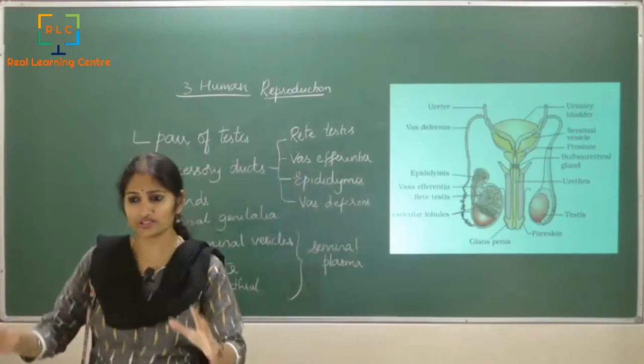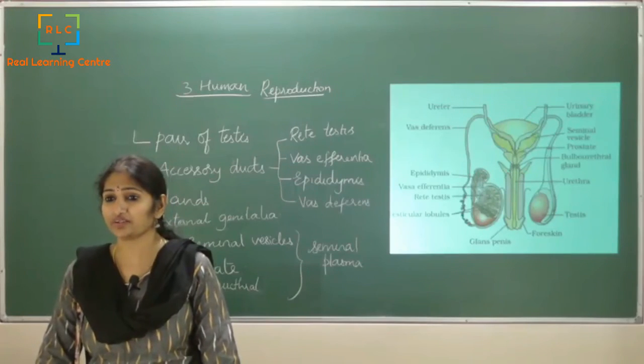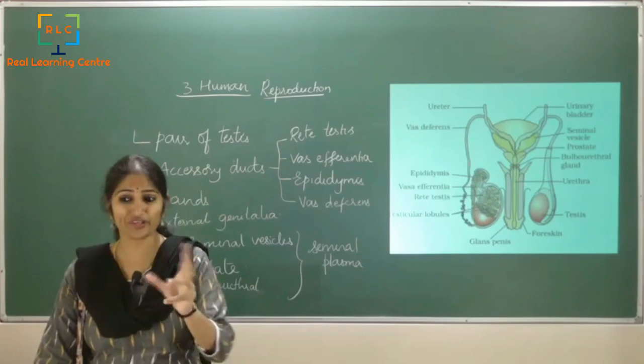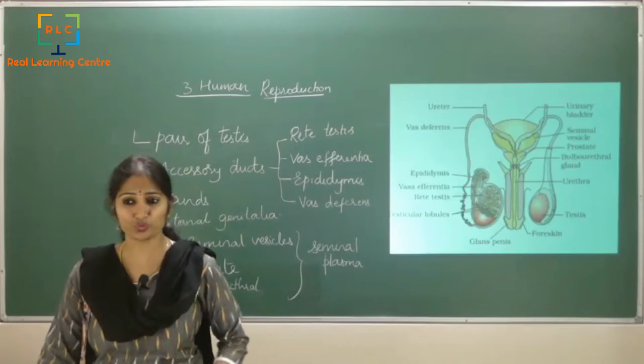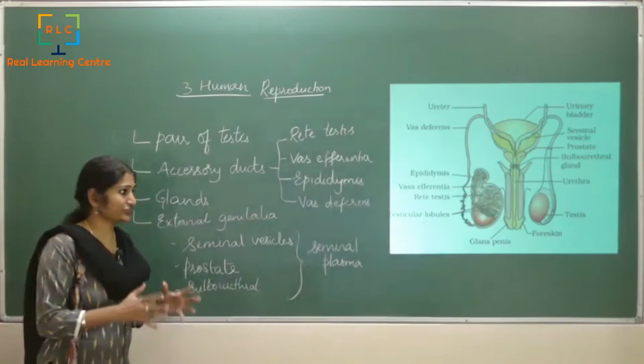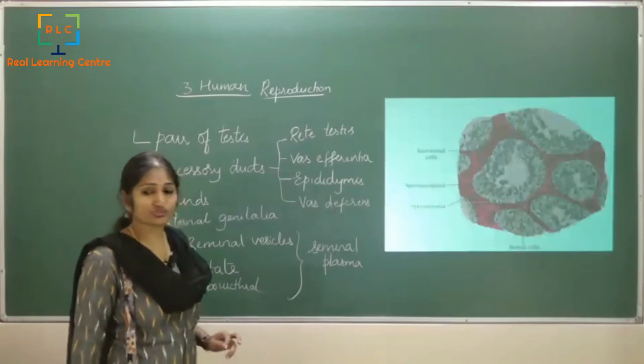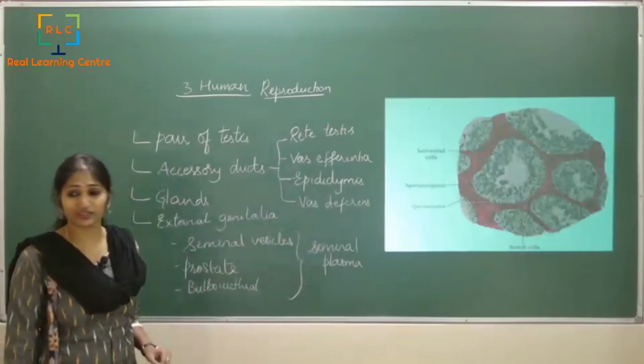Now with all this system in place, we have to see how exactly our seminiferous tubule looks, right? Because that is exactly the site where sperms are actually formed. So our seminiferous tubules would look very much like this.